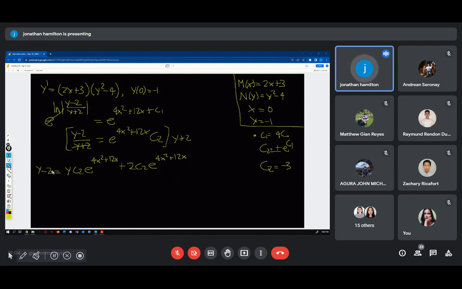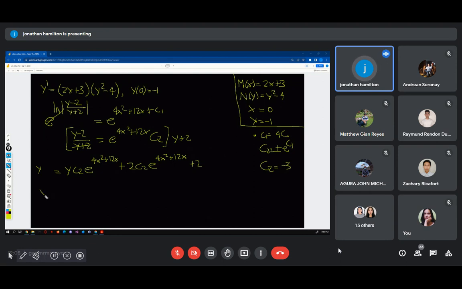Now, what else we can do para makuha natong value of y? We can move ang atong negative 2 to the other side. So instead of negative 2, may mo siya og positive 2. Now, since we're doing this, we also need to move ang values of y to the left side para mauban ang like terms.